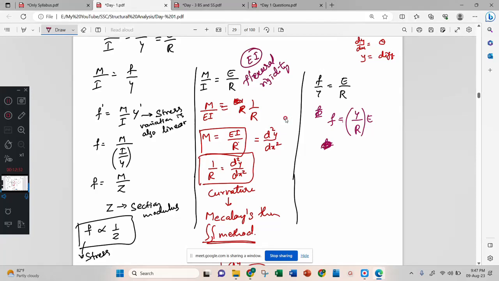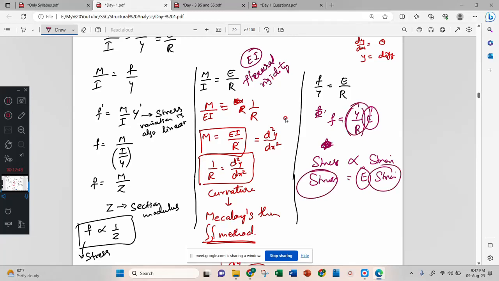Hooke's law means stress is directly proportional to strain: stress equals Young's modulus times strain. Here Y is Young's modulus, strain is strain, and stress is stress, therefore strain is equal to y by r.